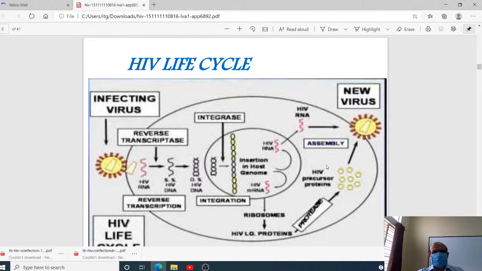So this is the life cycle. Sorry, I'm skipping the microbiology part. Life cycle of the infection: the infecting virus adheres, enters the body, and then there is reverse transcriptase, and then integrase.